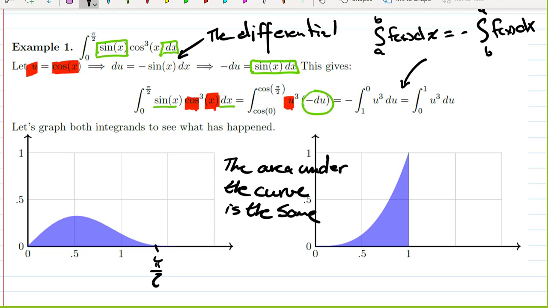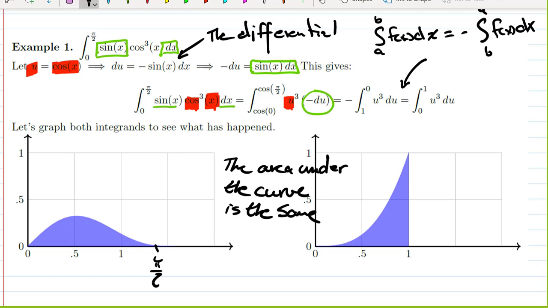So what we're doing when we substitute out the differential is the differential tells us how the shape is changing, and that's what the negative du equals sine x dx was doing. So it's kind of an interesting idea that we are geometrically changing something into something else so that we can find the area underneath the curve.